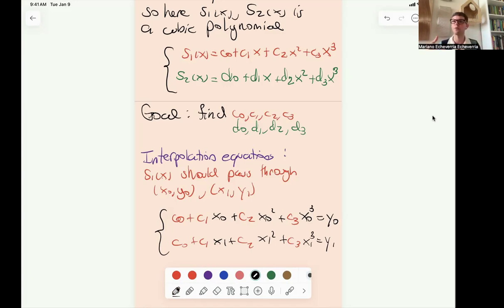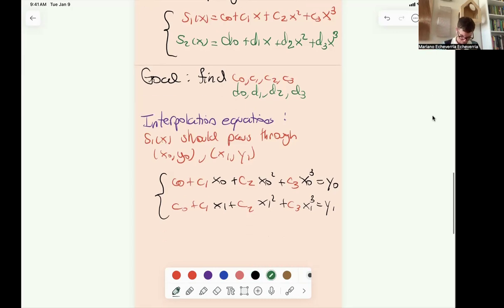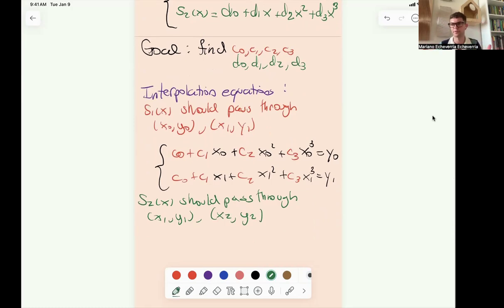And then you get two more equations by asking S2, the second cubic, to pass through (x1, y1) and (x2, y2). So they will be basically the same set of equations, but with slightly different letters for the parameters.